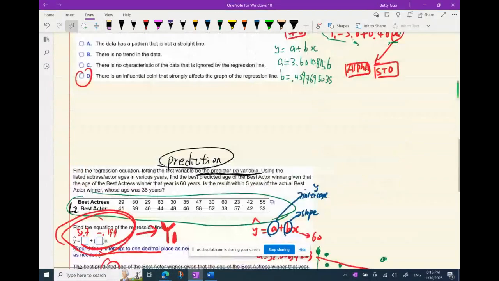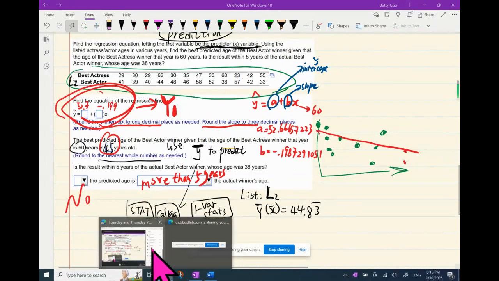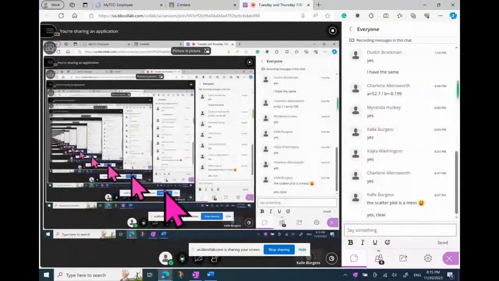We only use the regression equation to predict when the regression is a good model. In a case it's not a good model, like this question, we do not use this equation at all. We use y bar, the average of y values, as the prediction of the y. Okay, thank you, Kelly.